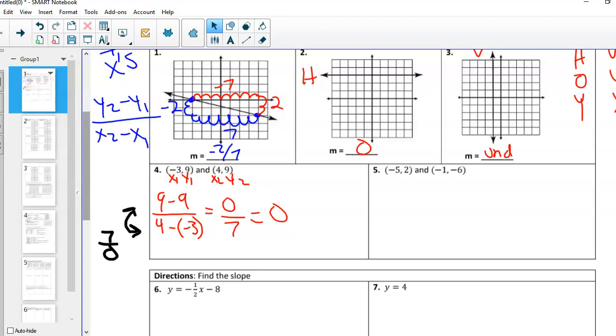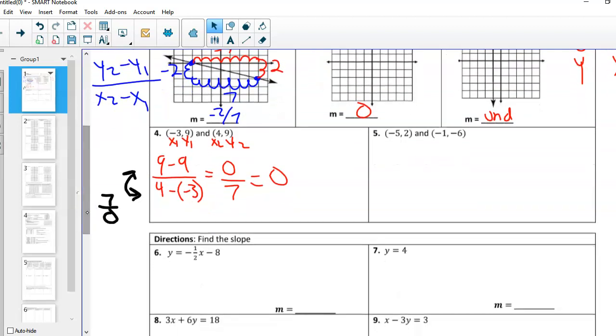Don't leave it as that fraction. You can if it's not one of these fractions. So if it's like 1/2, yes. But if it's one of these, leave it as 0 or undefined.